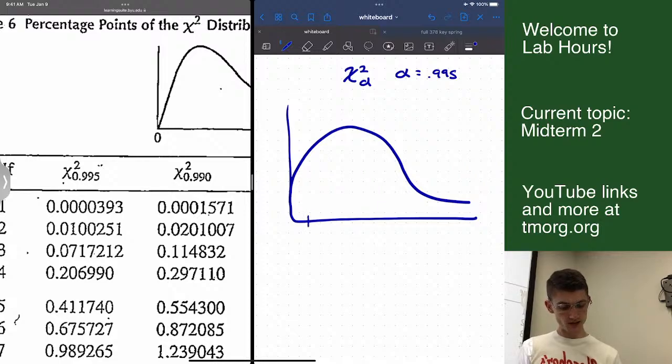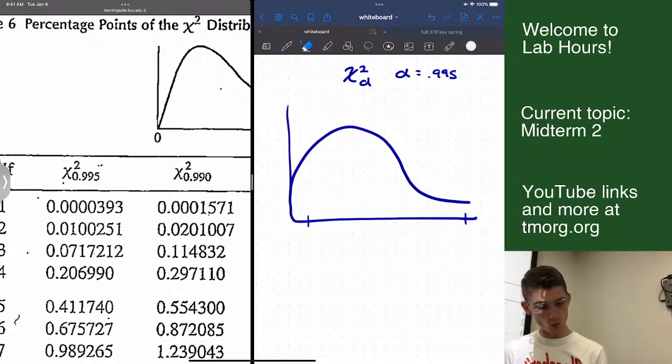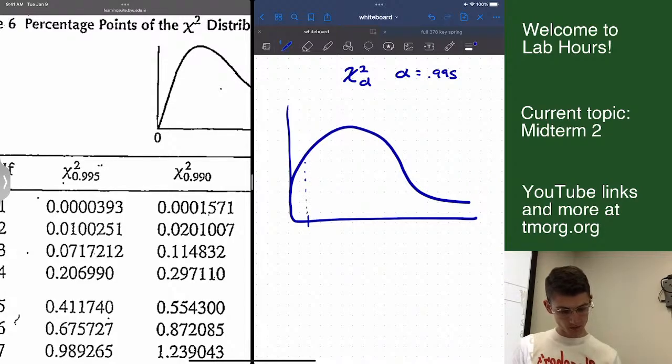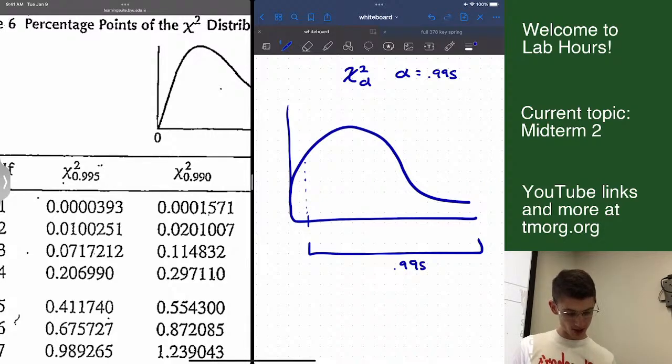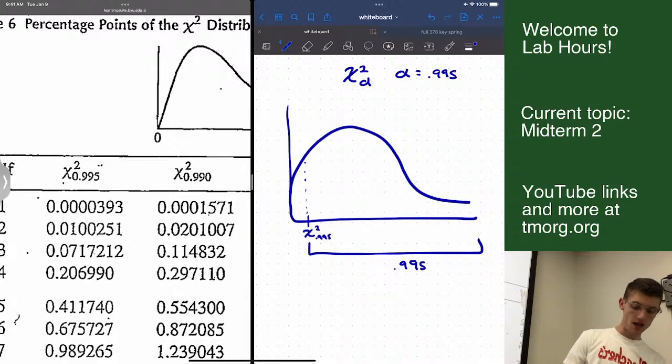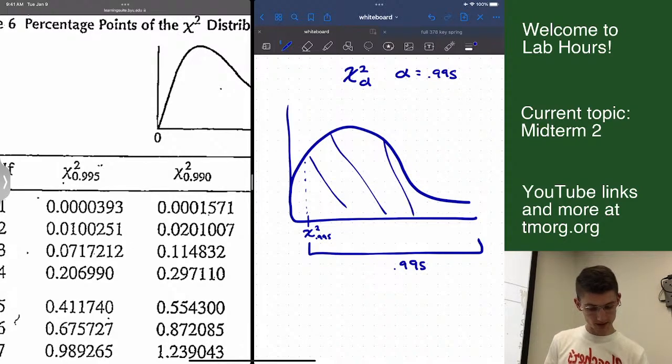Is it going to fall here, or is it going to fall here? Way close to the y-axis. Why is it going to fall that close to the y-axis? Because we have 99.5% of the area under the curve to the right of this chi-squared 0.995. That's a value I can pick. So just have alpha here in the middle, right?